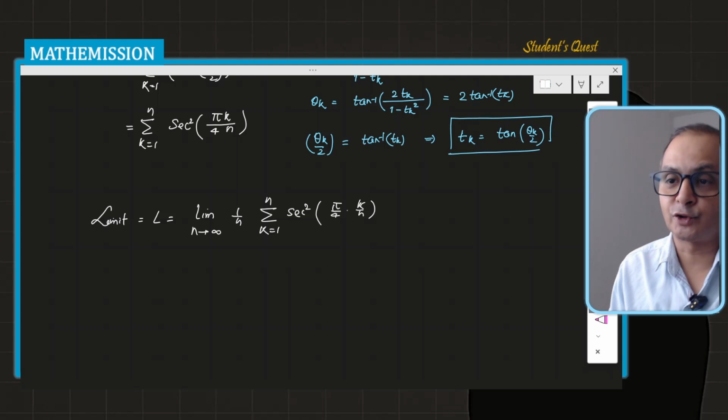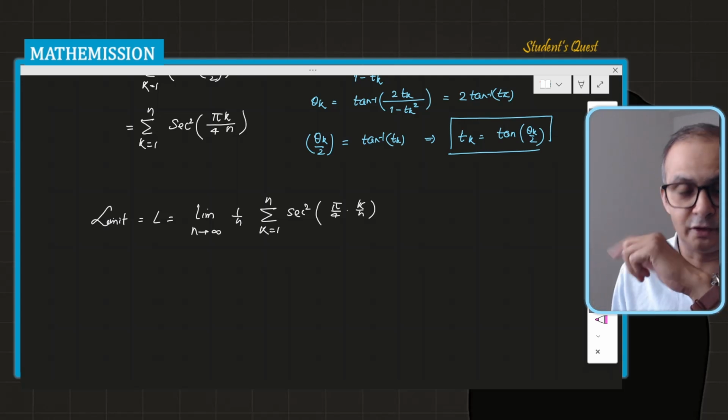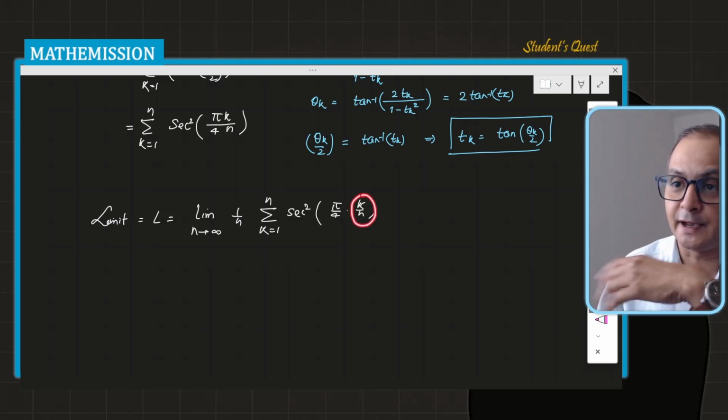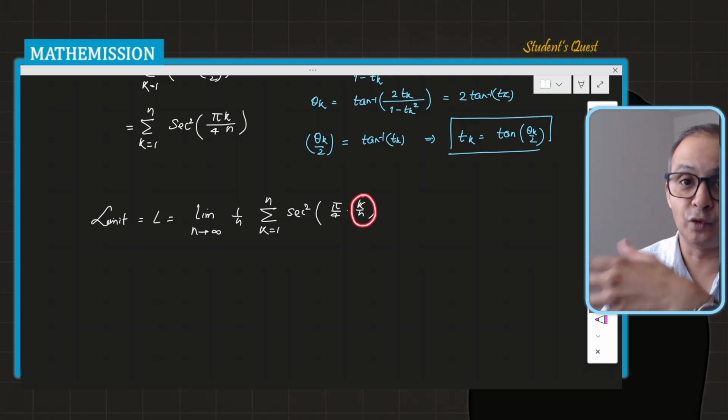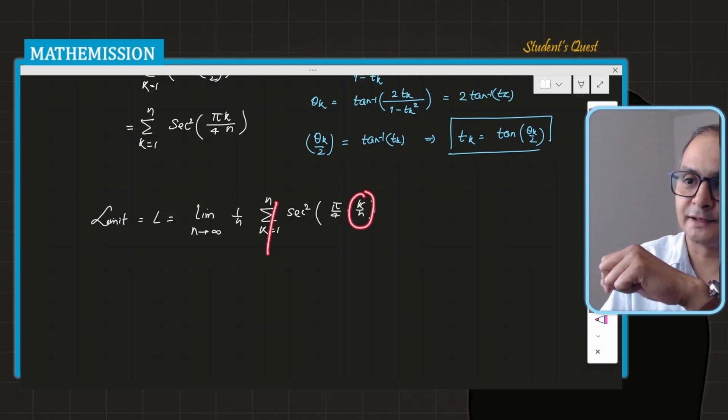Now notice it is reminding you of applying the definite integration limit of a sum formula. You can notice that this k by n is acting as r by n, if you are familiar with the symbol r in the summation. So this is r by n and this is 1 by n there.